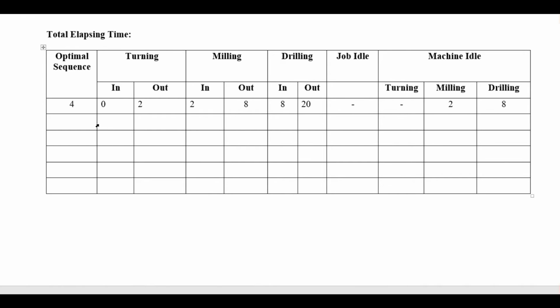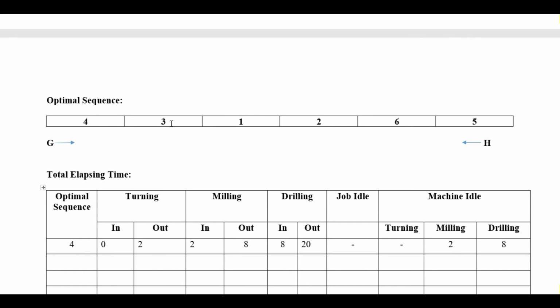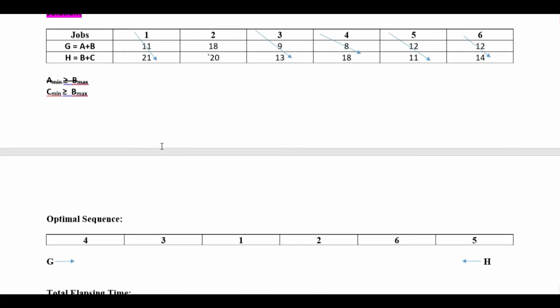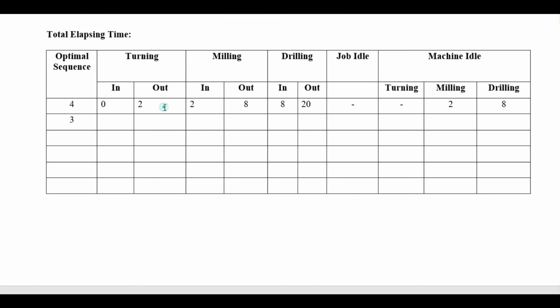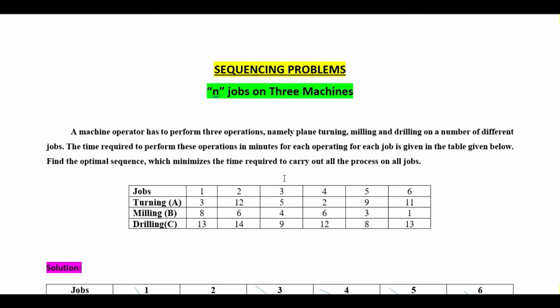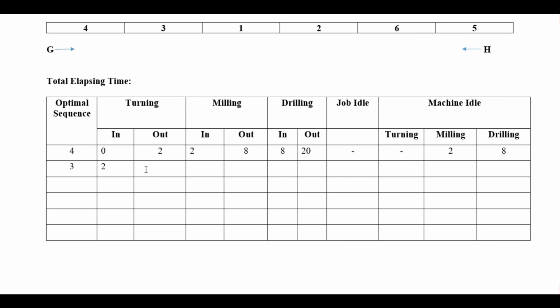Next, based on the sequence, the next job will be 3. For the third job, the turning operation takes 5 minutes. The fourth job turning operation is completed after 2 minutes, so after 2 minutes the third job can be loaded into the turning machine. So the in time will be 2 minutes and the processing time will be 5 minutes. So after the 7th minute the turning operation will be completed on the third job.